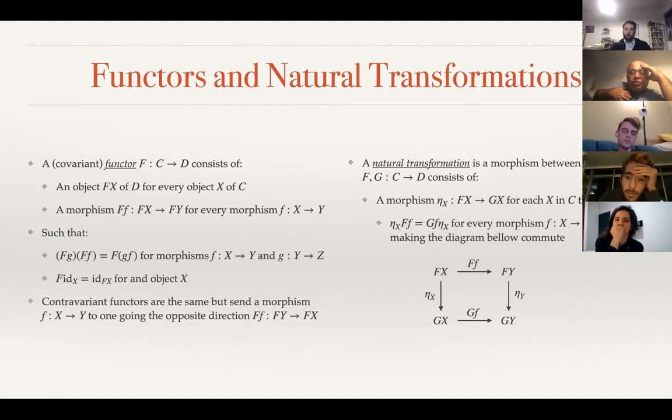The diagram has to commute in order for eta to be a natural transformation. So that's the definition. You have these two functors, and you see there's actually two etas here: the eta for the x and the eta for the y. So you're changing it at each point, at x and at y.